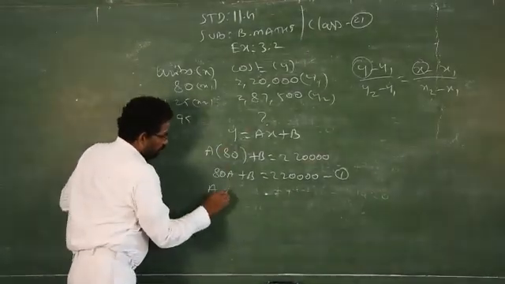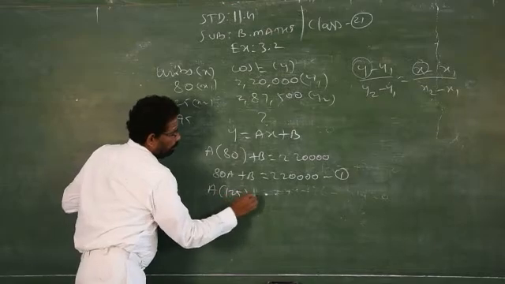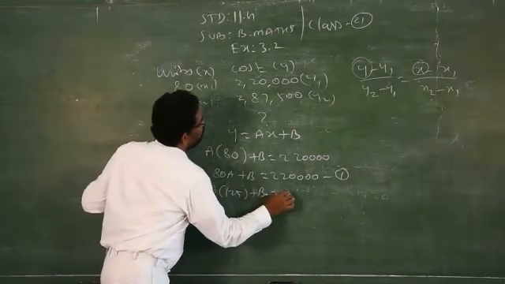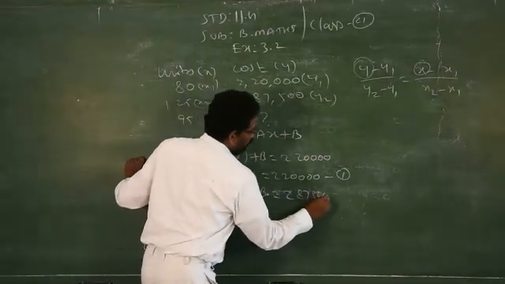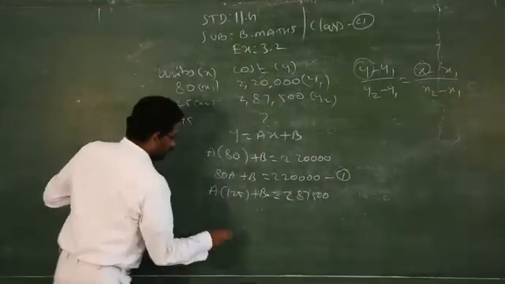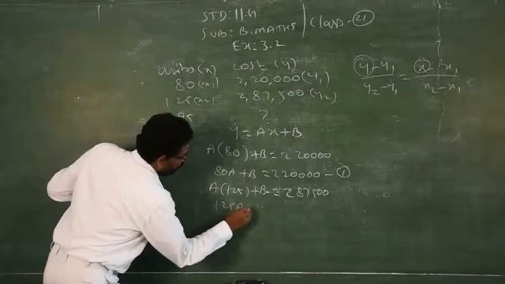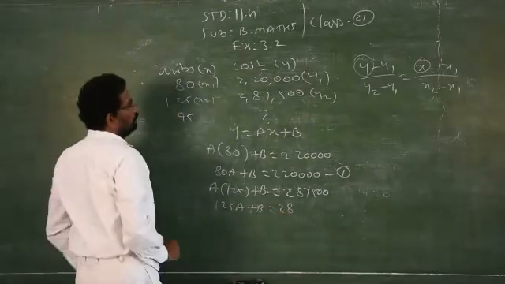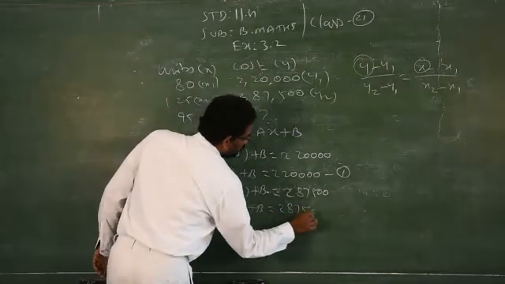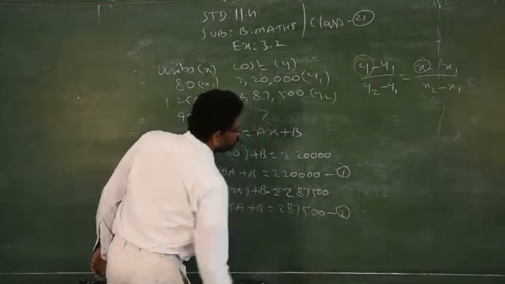Similarly, I can take the next information. 125A plus B is equal to 2,87,500. Equation number 2.